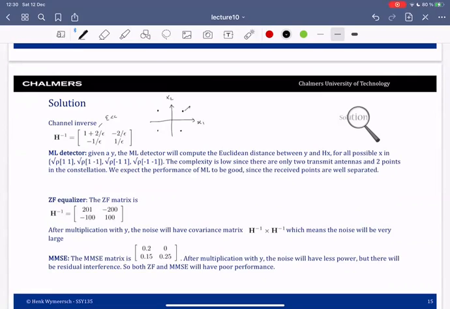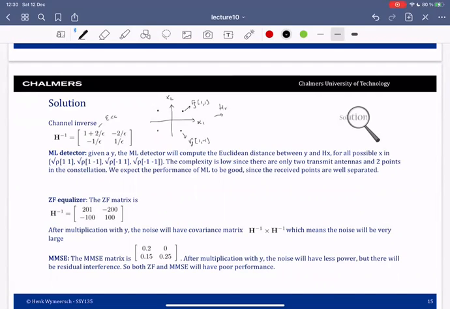So this point is given by square root of rho, (1, 1). This point is given by square root of rho, (1, -1). And so forth.